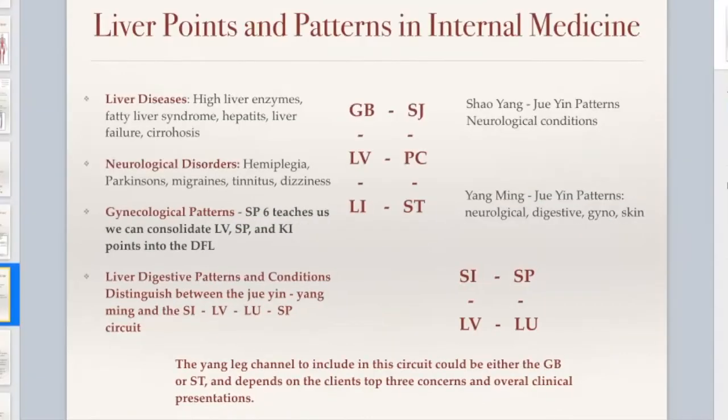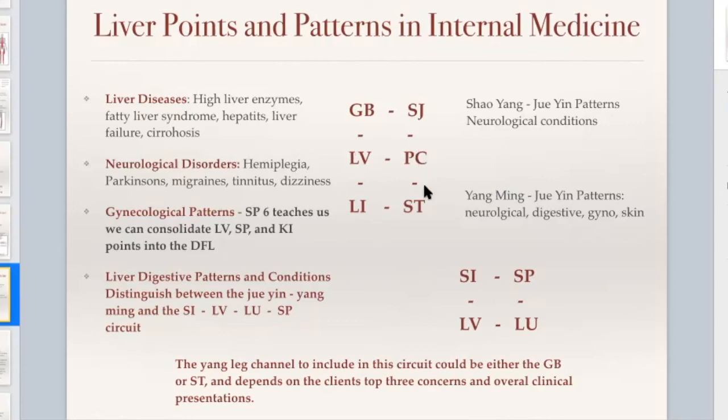So let's look at the global balance method stuff, or what I like to call the meridian circuits. And here we see the Jueyin meridians, the liver and the pericardium, right? They connect to the gallbladder and Sanjiao. So if you just look at those parts, then those four here, that's the Shaoyang Jueyin circuit, right? So if you know the balance method, you should know that.